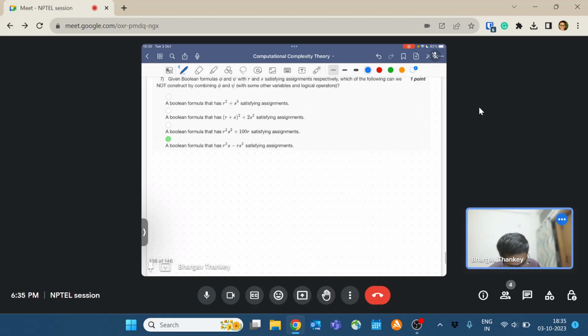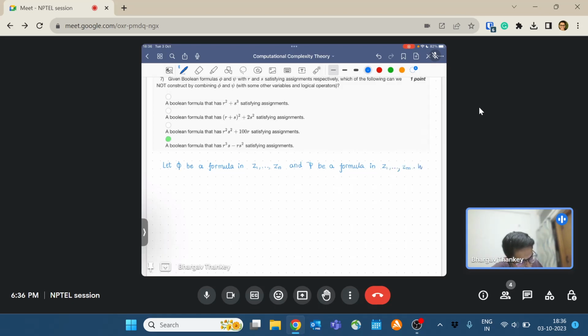So let phi be a formula in variables z1 to zn, and psi be a formula in z1 to zm.